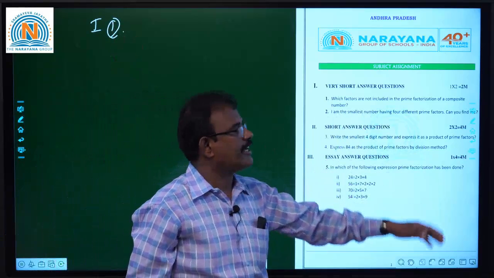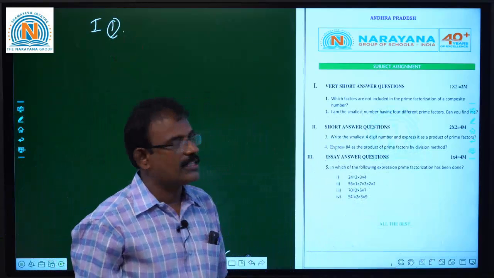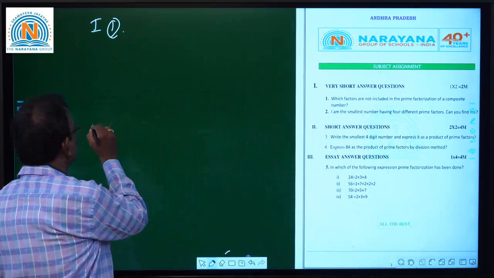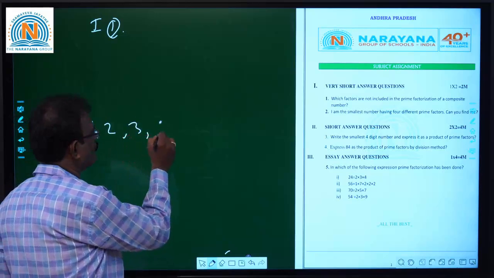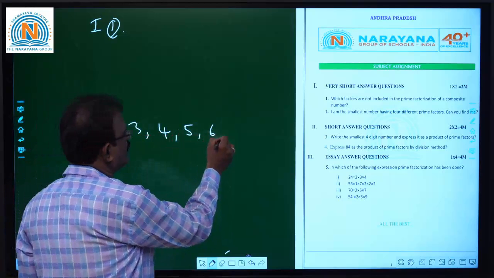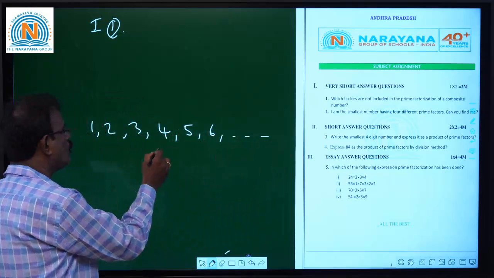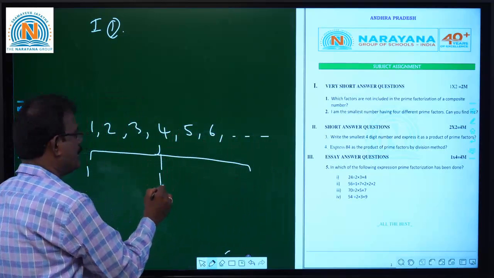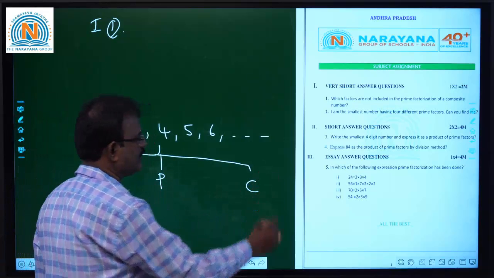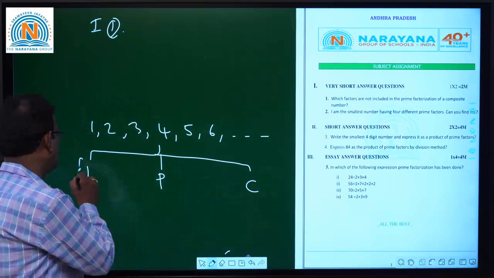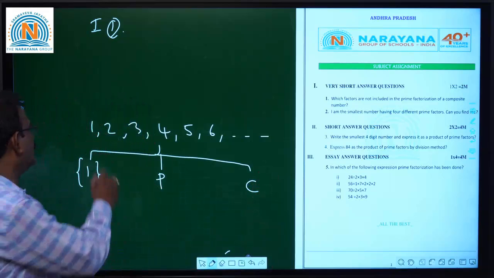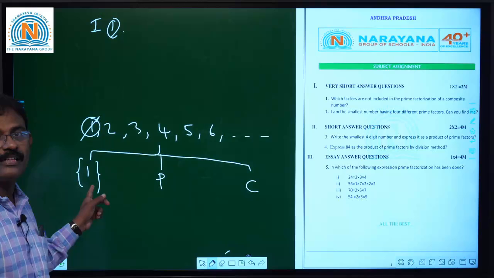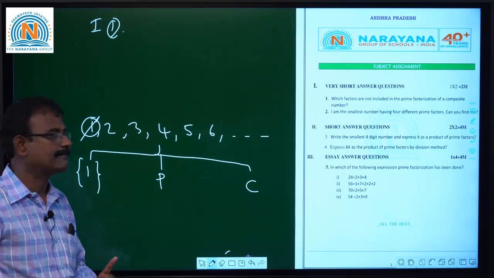which factors are not included in the prime factorization of a composite number? If you go through the natural numbers, we can specify them into 3 groups. One is 1, the second set is prime numbers, and the third set is composite numbers. 1 is neither prime nor composite as it has only one factor.